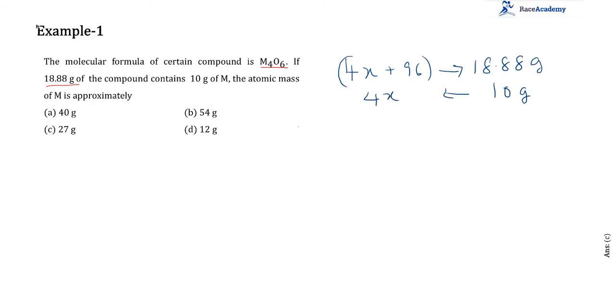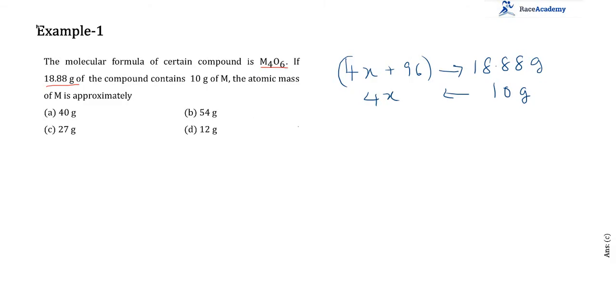That is the meaning of it. So 4x plus 96 parts of this compound is 18.8 grams, then 4x parts will be 10 grams of M.